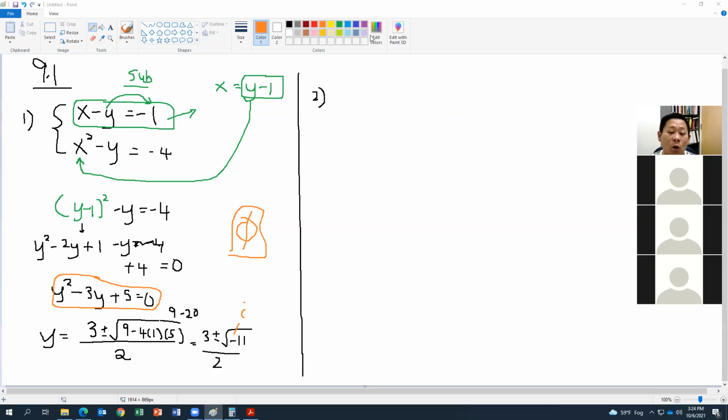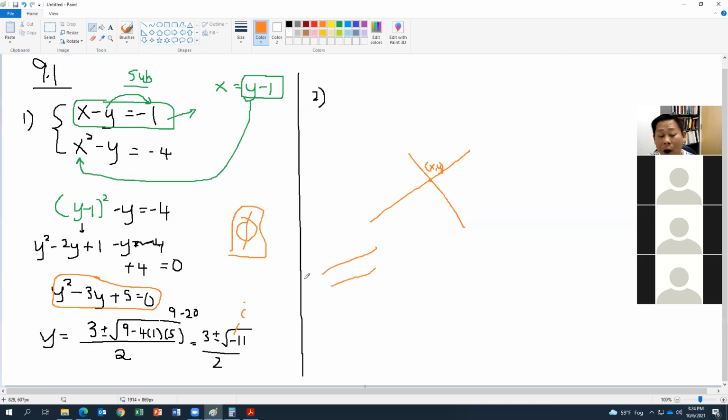What's the meaning when I say no solution? No solution means that these two will not cross. Remember last time when you had two straight lines, they could cross, and the coordinates x, y where they cross is your answer. When you have no solution, these two will not cross.